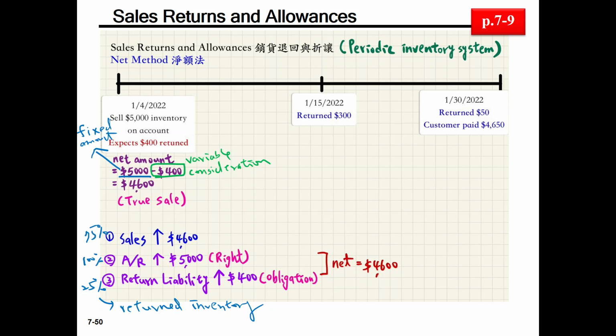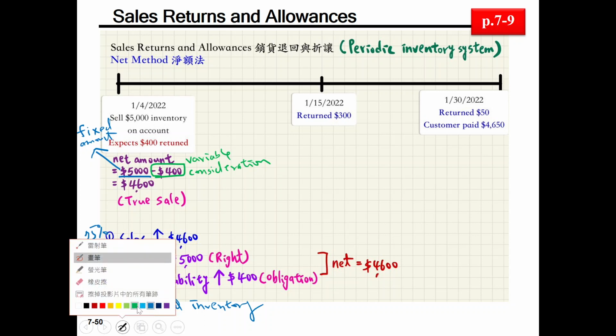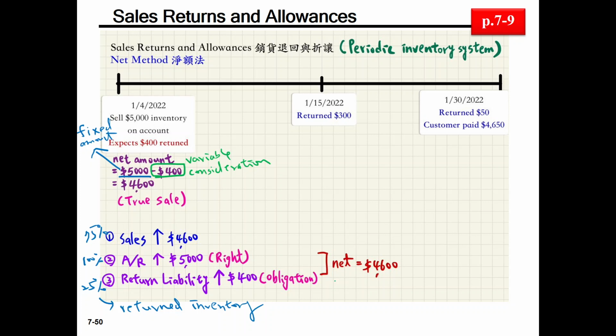It's still the same as what we think, the true value, the true sales, $4,600. Your assets minus liability is our net assets. This amount is your net assets, and it equals what we think: our true sales.